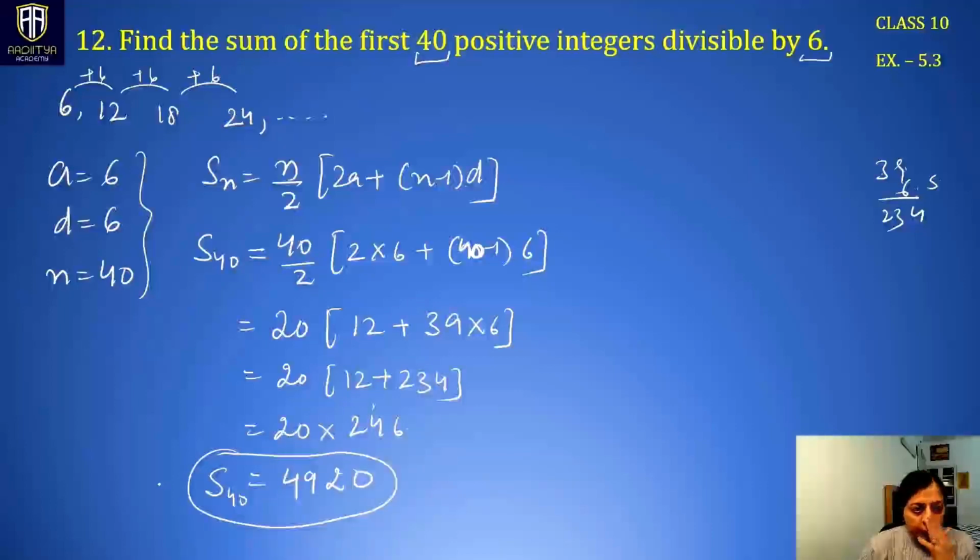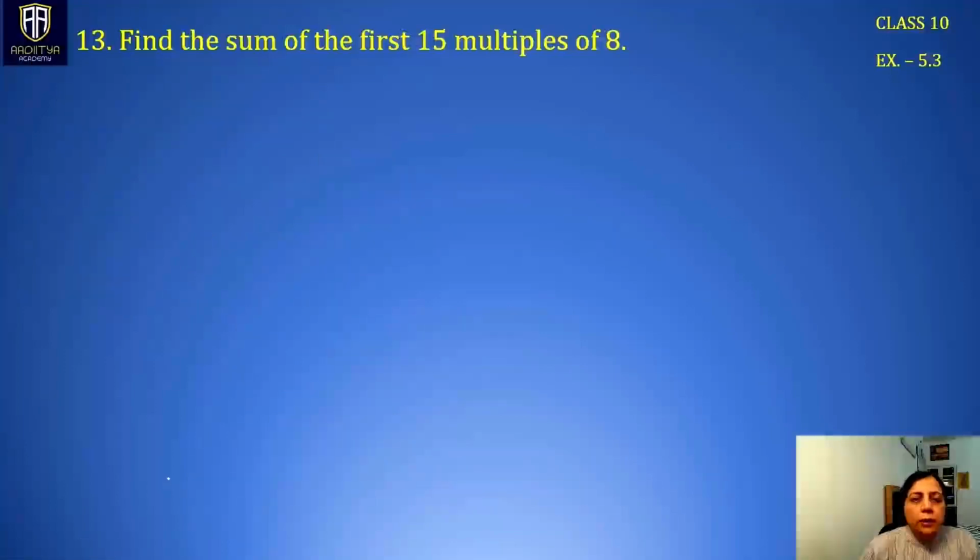Right. So next we have the 13th question, a similar question. Find the sum of the first 15 multiples of 8. The very first multiple of 8 is 8 itself. Next is 16, next is 24, next is 32 and so on.